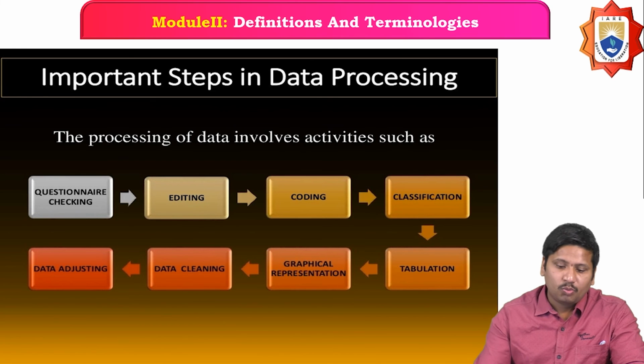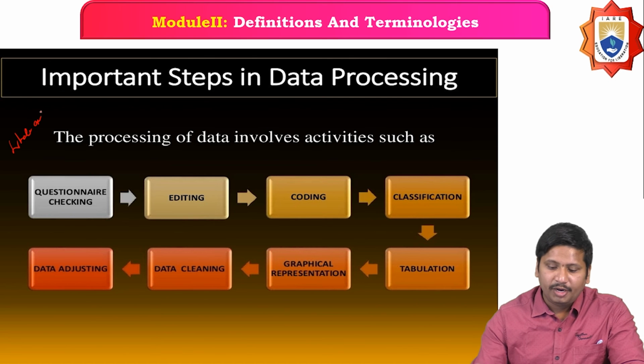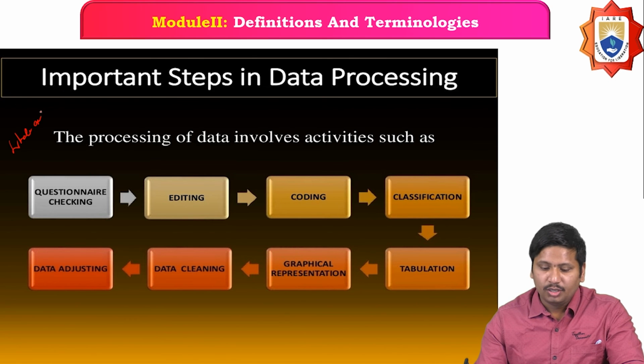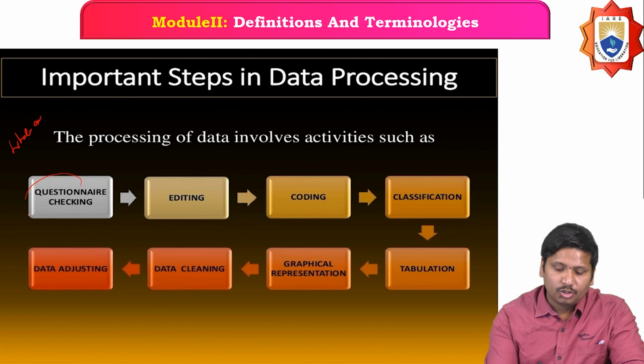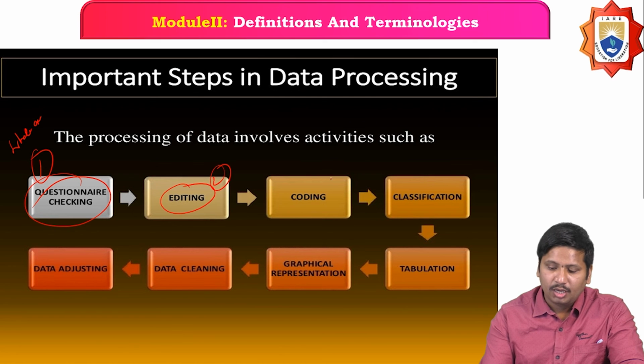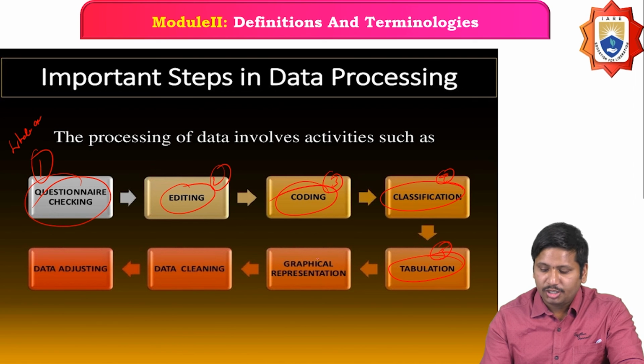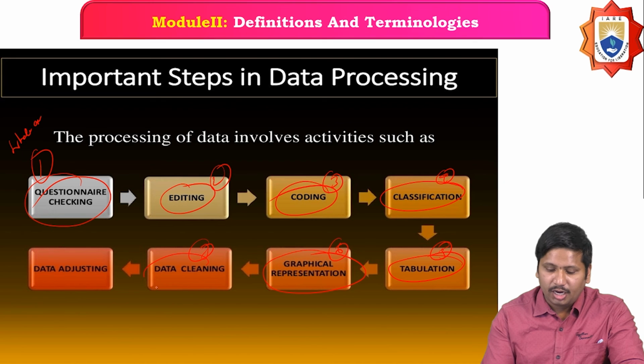Next question: what are the important steps to perform in data processing? First is questionnaire checking, second is editing, third is coding, fourth is classification, fifth is tabulation, and sixth is graphical representation, then data cleaning and data adjusting. So first the questionnaire, then editing, after editing coding, then classification, then tabulation, graphical representation, data cleaning, and data adjusting.